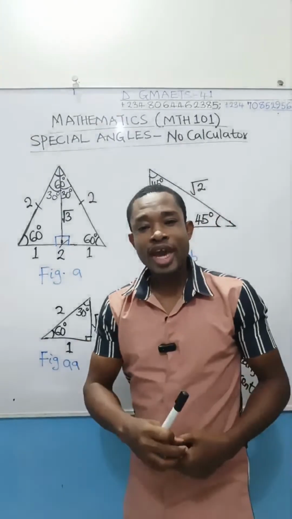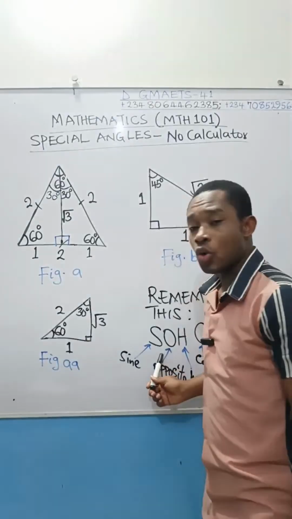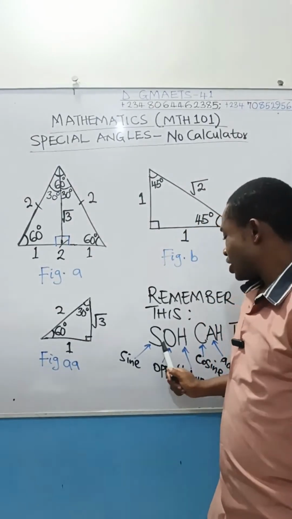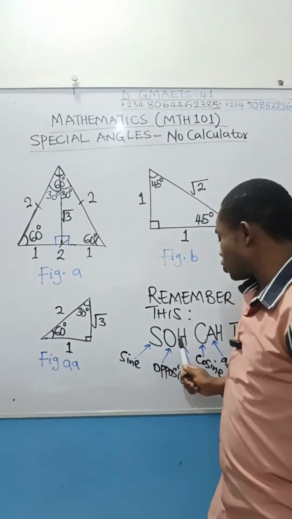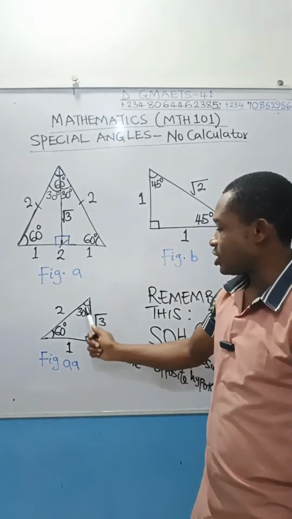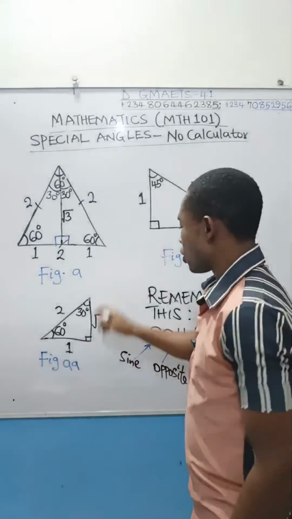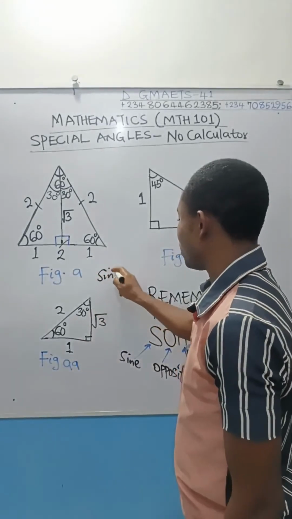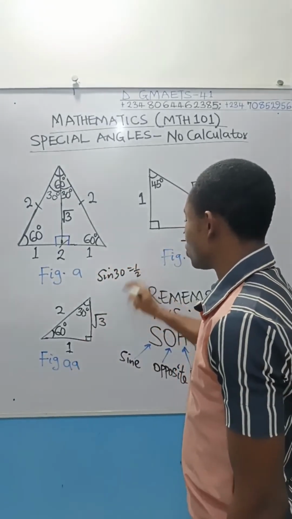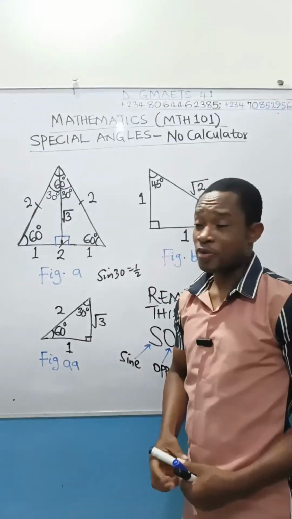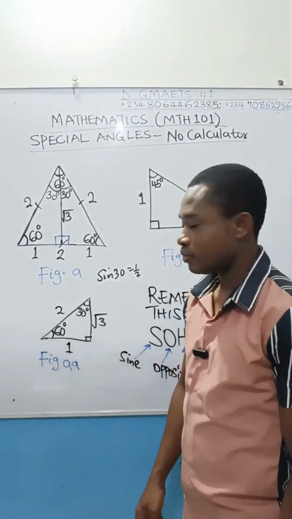So if I want you to get sine 30 now, look at this. Sine 30 is equal to opposite over hypotenuse. Opposite is 1. Hypotenuse is 2. So from this diagram, sine 30 is equal to 1 over 2, which of course will give you 0.5 if you want to evaluate it.